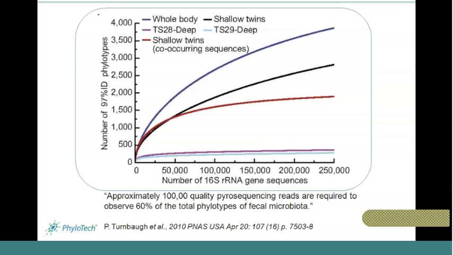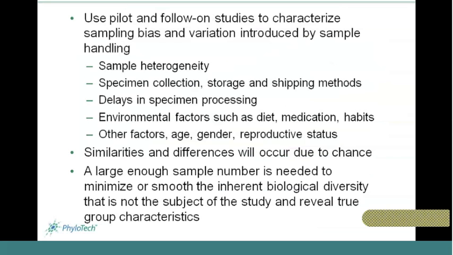So sample numbers. The purpose really of having enough samples is to manage sources of variability. You want to use your pilot and follow-on studies to characterize sampling bias and variation introduced by sample handling. You really want to understand this early in your path.